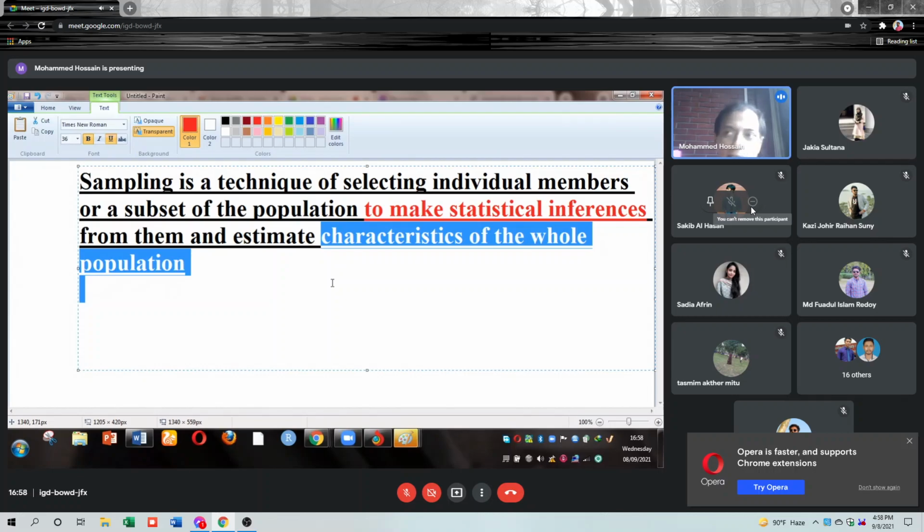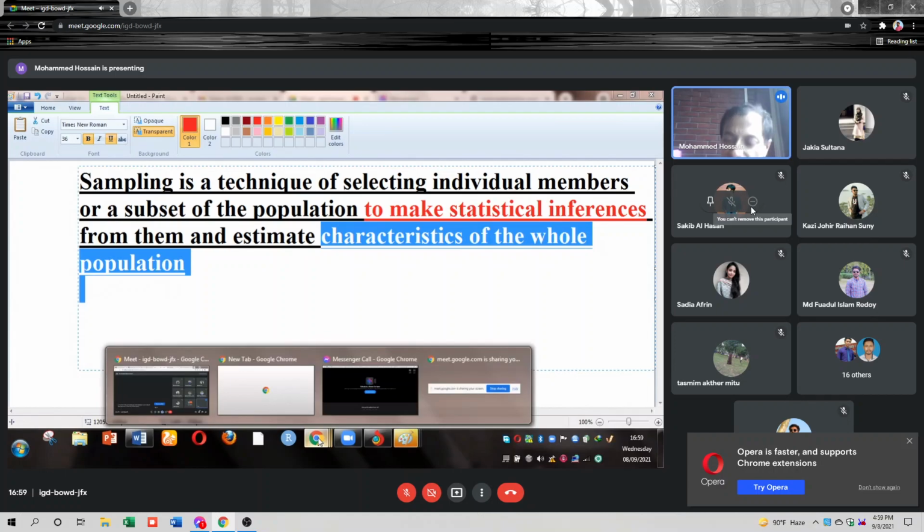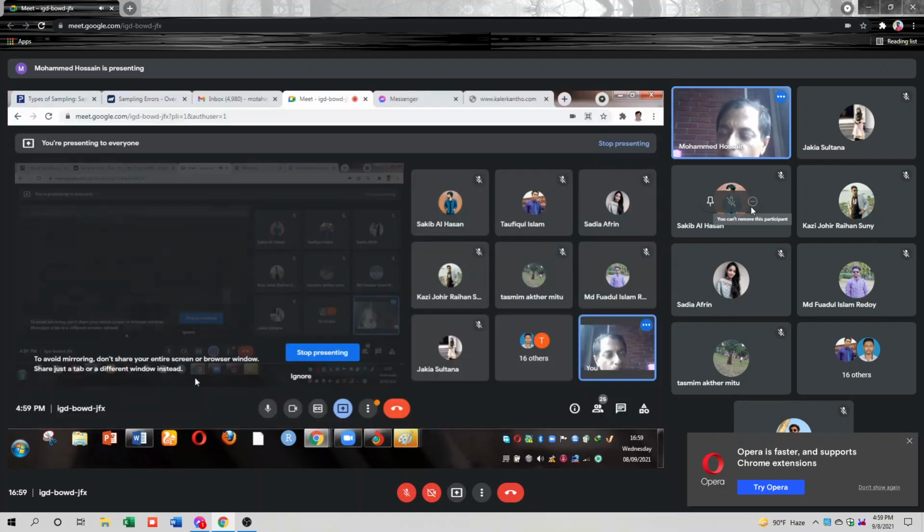So did you get my point? The objective of sampling techniques, did you get it? If someone asks you why sampling, you should answer this way. Another thing you should add: it is very difficult for a researcher to collect information from each and every element in the population.